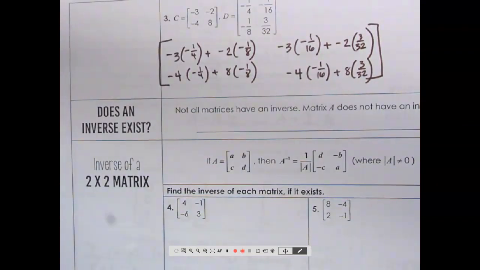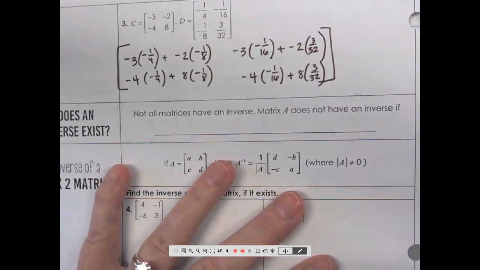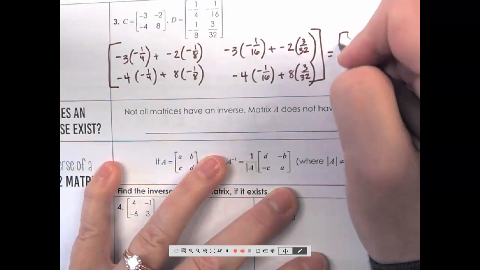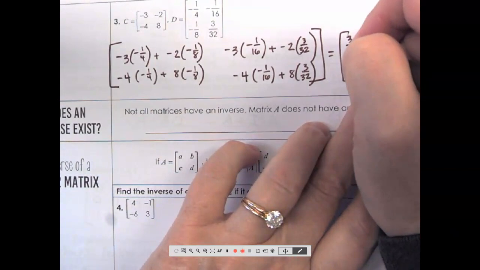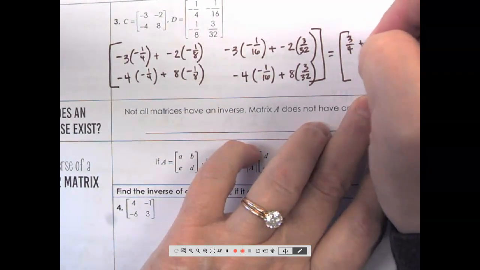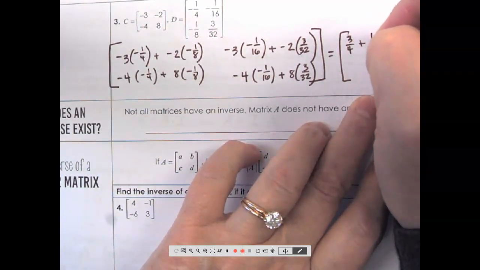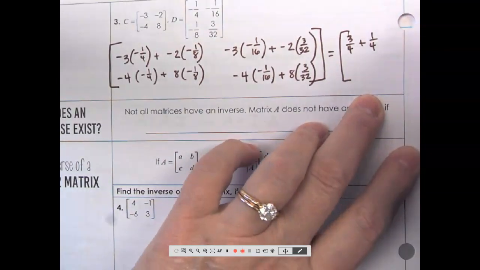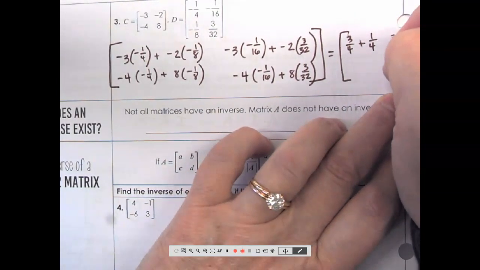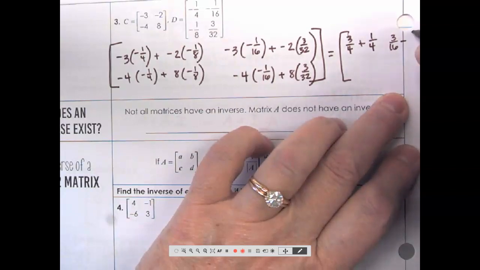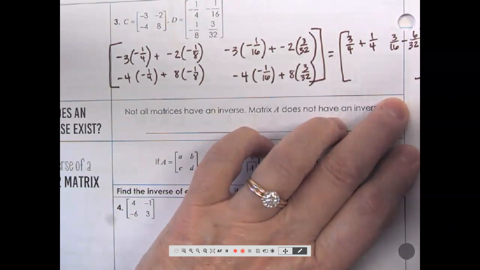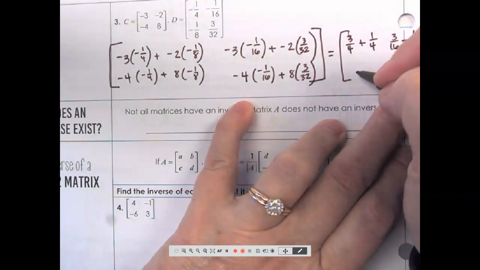Okay. Now, if you need your calculator, get your calculator. I'm going to be brave and not use it. 3/4 plus 2/8, which is 1/4. 3/16 minus 6/32. 4/16.